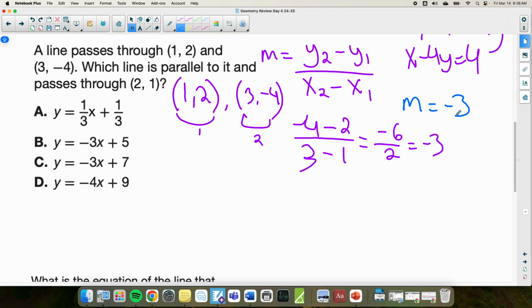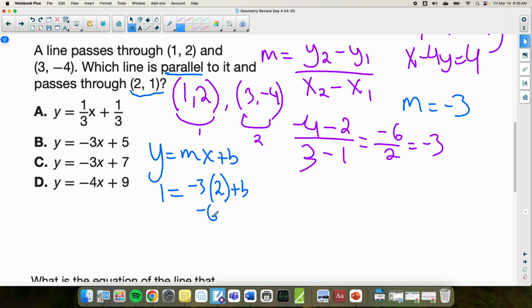Next, we need to find a line that's parallel to it, so we're going to keep that slope, and it passes through the point 2, 1. So in slope intercept form, we know the point 1 equals m, which is -3, times 2, plus b. -6 plus b is 1, plus 6 on both sides, 7 equals b.